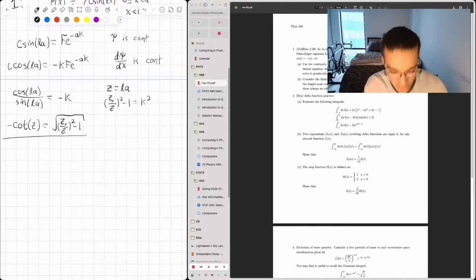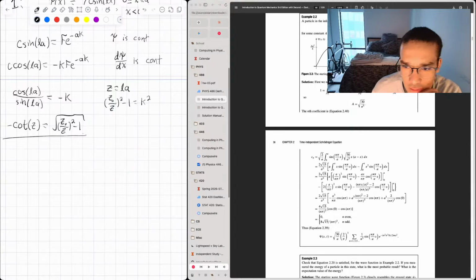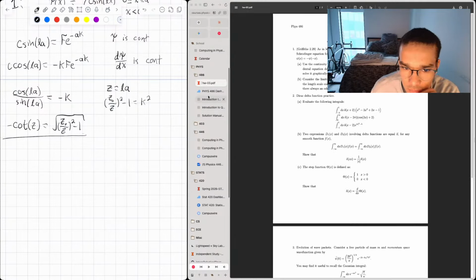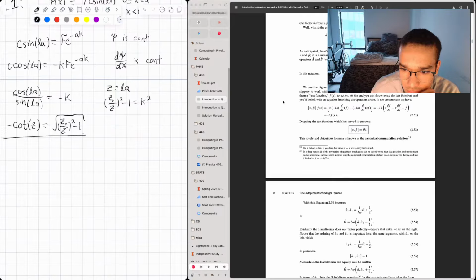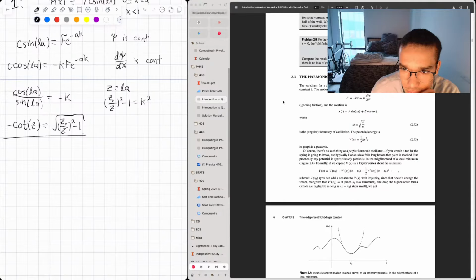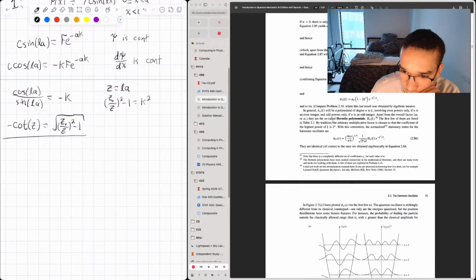That's the solution. So I actually need that thing from the book. What problem is this? 229. Yeah, I need this on my equation sheet. It's not on my equation sheet.